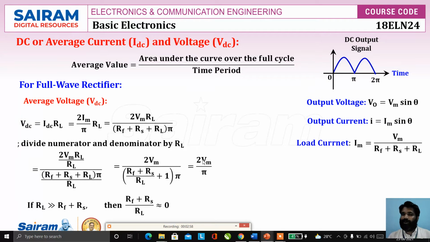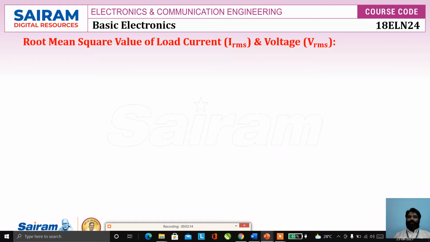So it is equal to 2 Vm by pi. Again 2 by pi is 0.636, so it is 63.6% of Vm. This is VDC. Okay, this is the DC or average value.